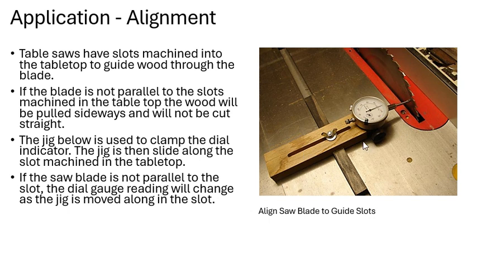We use a jig below to clamp this dial indicator, and then that jig is slid along the slot machined in the tabletop. So if the saw blade is not parallel to the slot, then the dial gauge reading is going to change because the jig is moved along the slot.